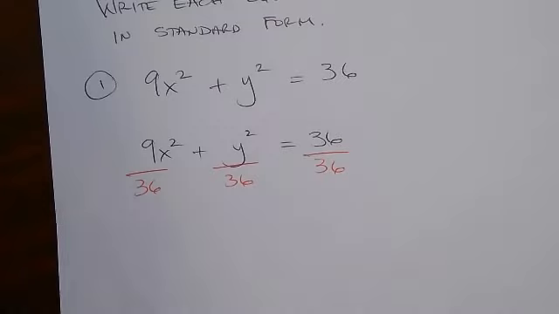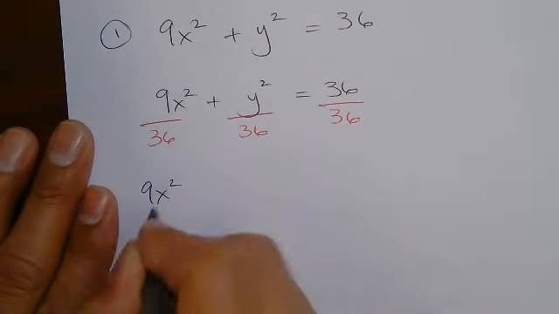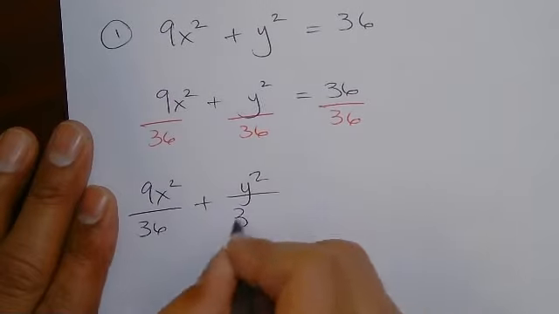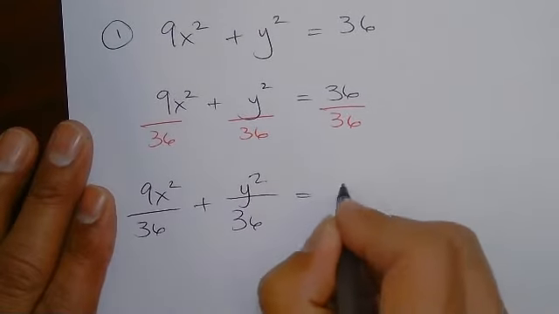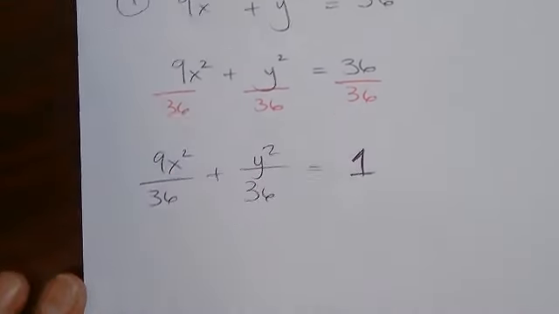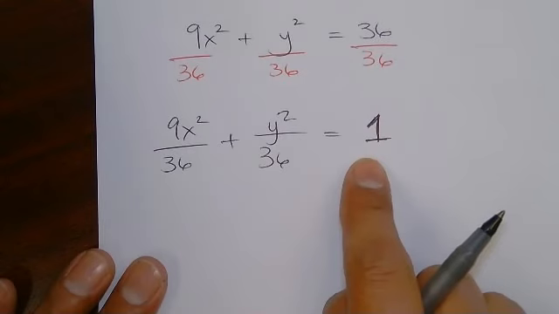And what's left? 9x squared over 36 plus y squared over 36 is equal to 1. Okay, I got it equal to 1. But now what?